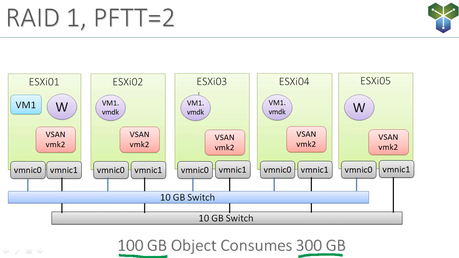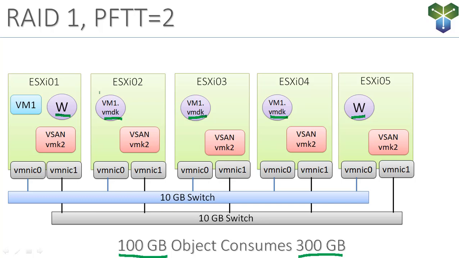So why is that? Well, I need to be able to tolerate 2 failures. So here you can see we have 1 witness on one host, a second witness on another host, and then we have 3 replicas. In this scenario, I can tolerate the failure of any 2 objects, and my virtual disk will still continue to function.